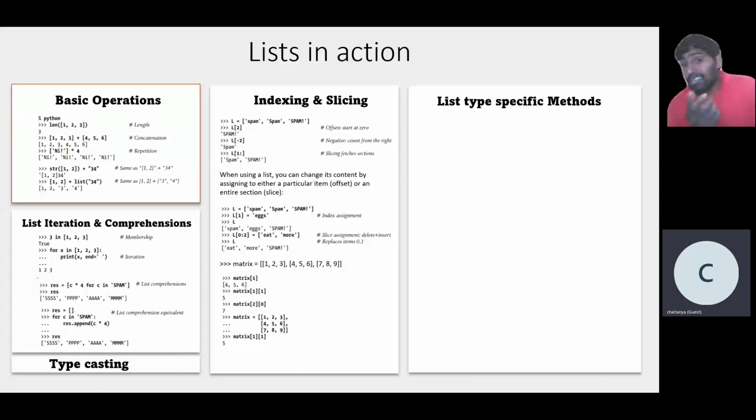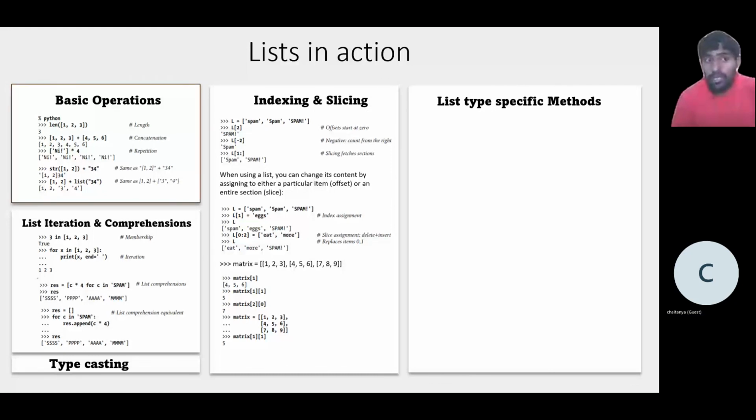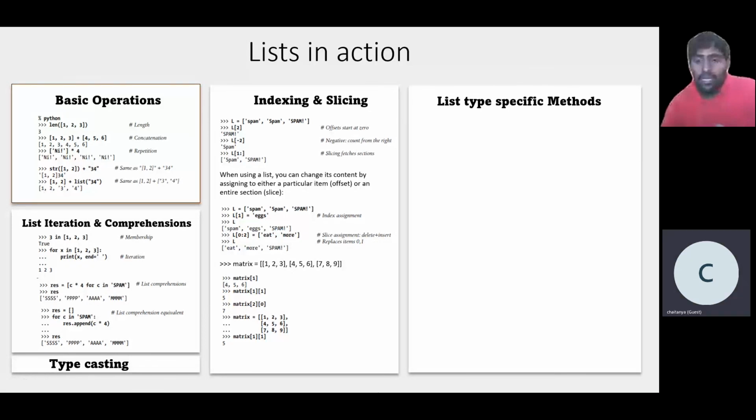In addition to that, if you take a string or list and another string, we can concatenate as a string. Similarly, a list. You see here, this example. So the basic operations remain the same.